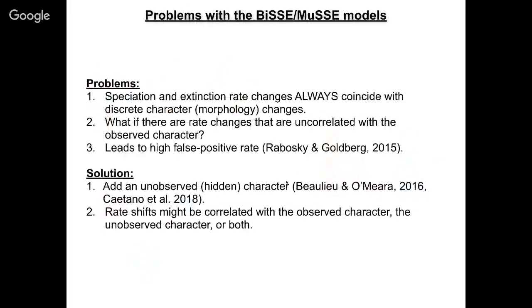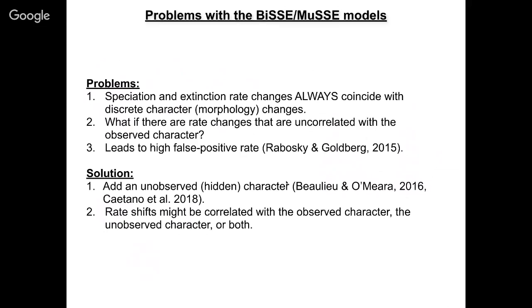One of the problems in these types of analysis is that we only have three rate categories, and every change between placenta types always coincides with a change in the speciation and extinction rate categories. So changes in morphological characters coincide with changes in diversification rate categories. But the problem is what happens if there are additional morphological characters driving diversification rates, which we didn't consider in the study to tease apart these parts.